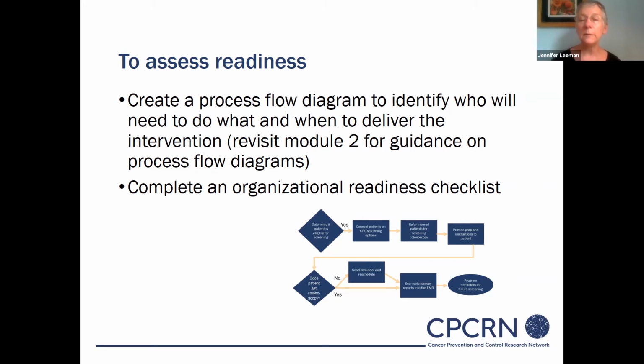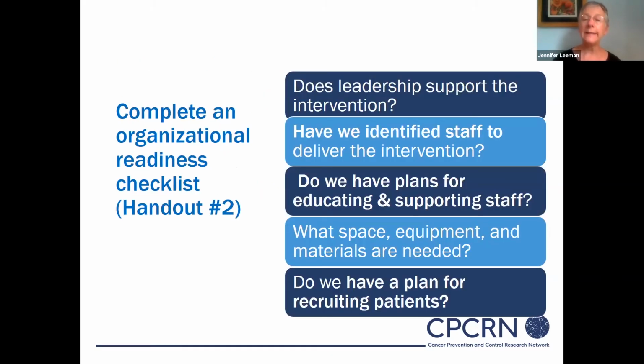Once you've completed the process flow diagram, you then can complete an organizational readiness checklist. And handout 2 that was sent for this webinar includes an organizational readiness checklist. So this is just a checklist to help you really systematically think through what you need to have in place before you launch your intervention.